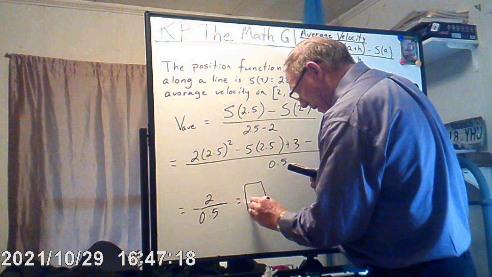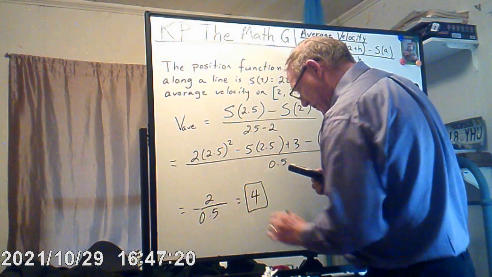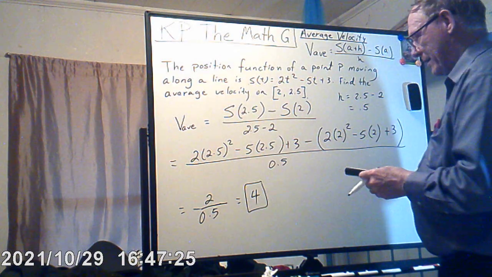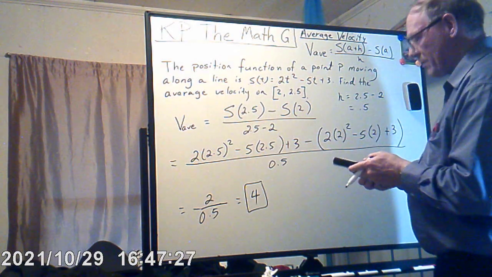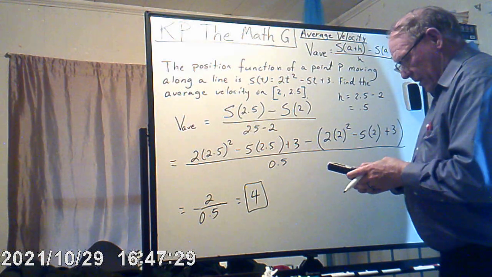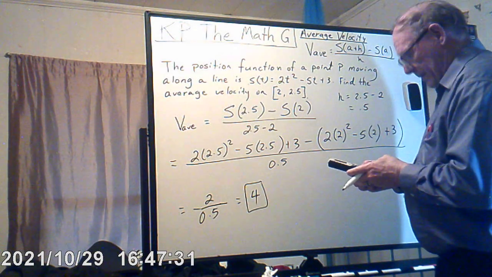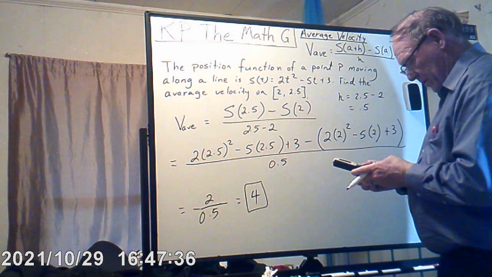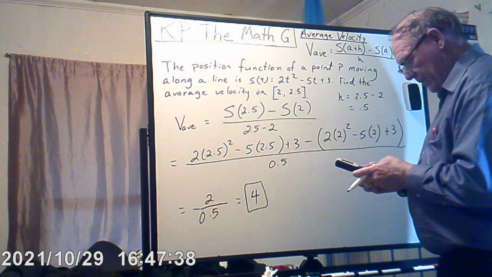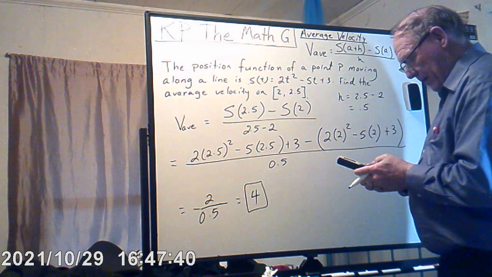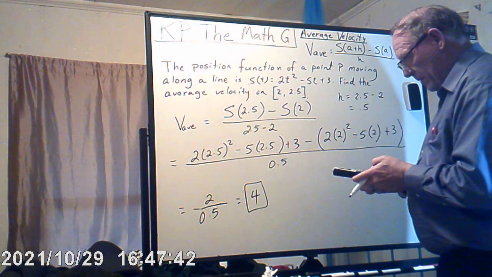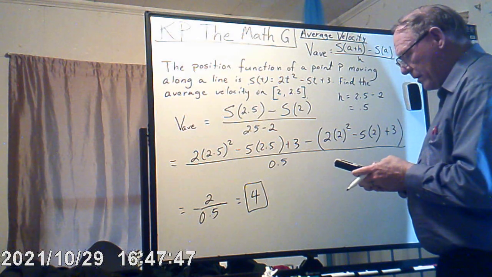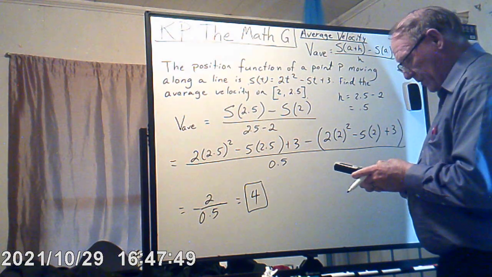Since we got 2 different answers, we might as well do it one more time. So here we go. 2 squared minus 5 plus 3.